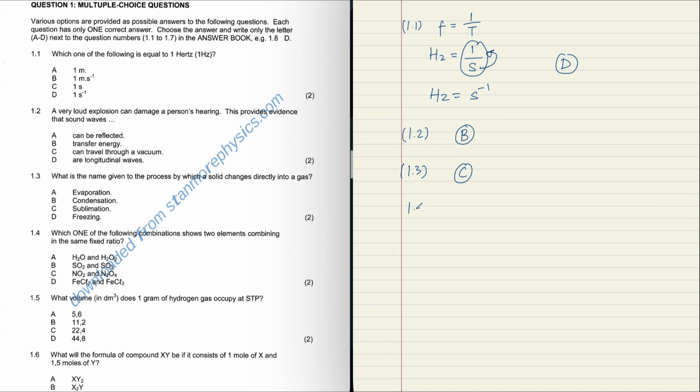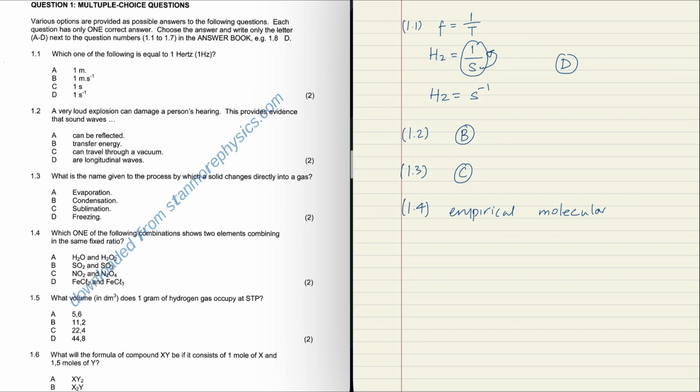Question 1.4. Which one of the following combinations shows two elements combining in the same fixed ratio? What we're looking for is a combination of an empirical formula and a molecular formula. Remember, an empirical formula is the simplest whole number ratio of elements in a compound.